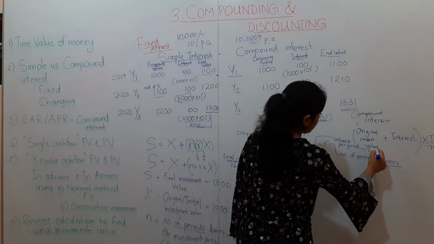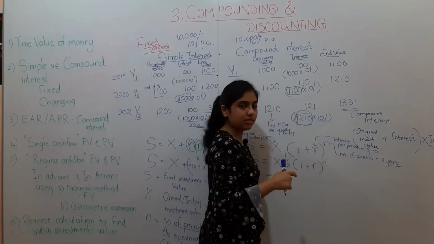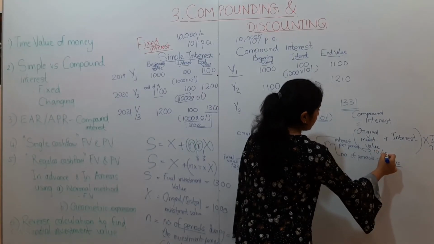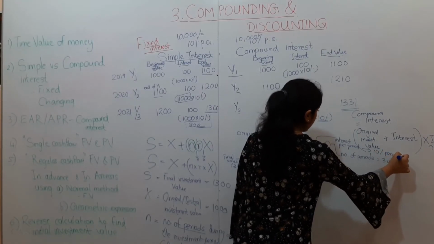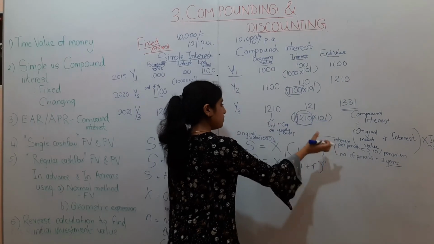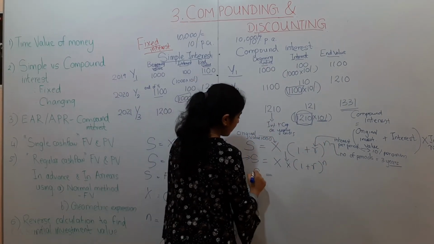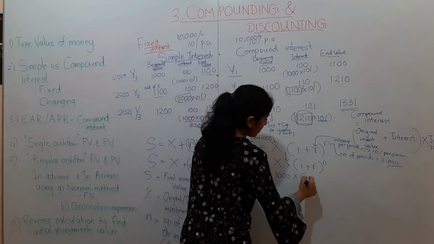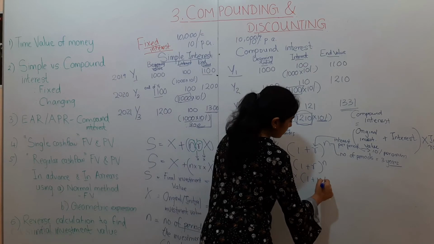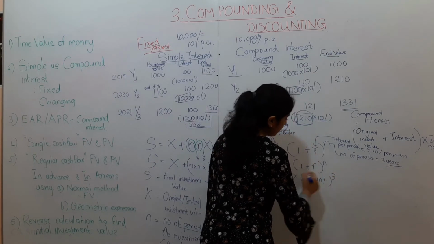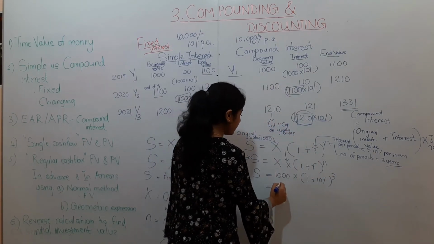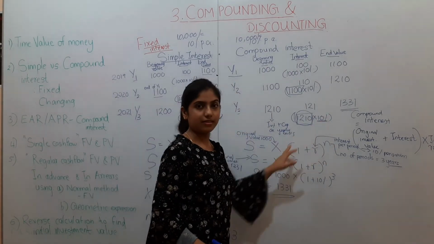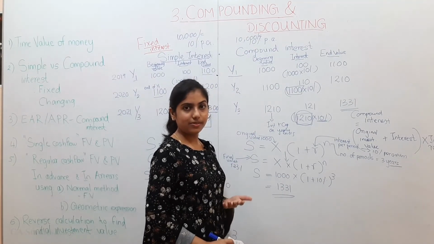They have quoted the interest on a yearly basis only, so no problem, we can use 10% per annum straight away. So if you substitute the figures into the formula, S equals 1000 multiplied by 1 plus 10% to the power 3. The answer will be 1331. Same thing.